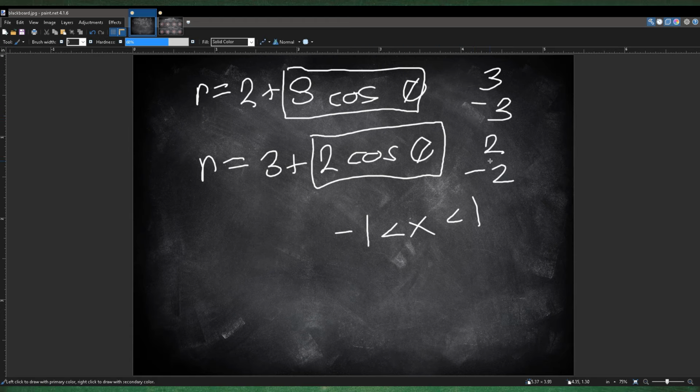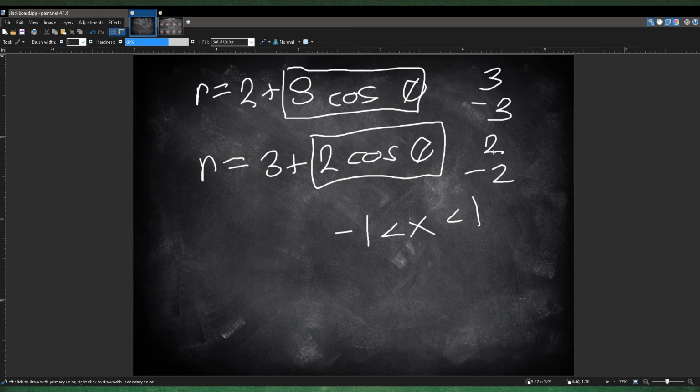So since this goes down to -2, this will always be positive, so the radius will always be positive. This one usually does not have a loop, because it's supposed to loop around, and there's no way for it to loop around if it's always going to be positive.